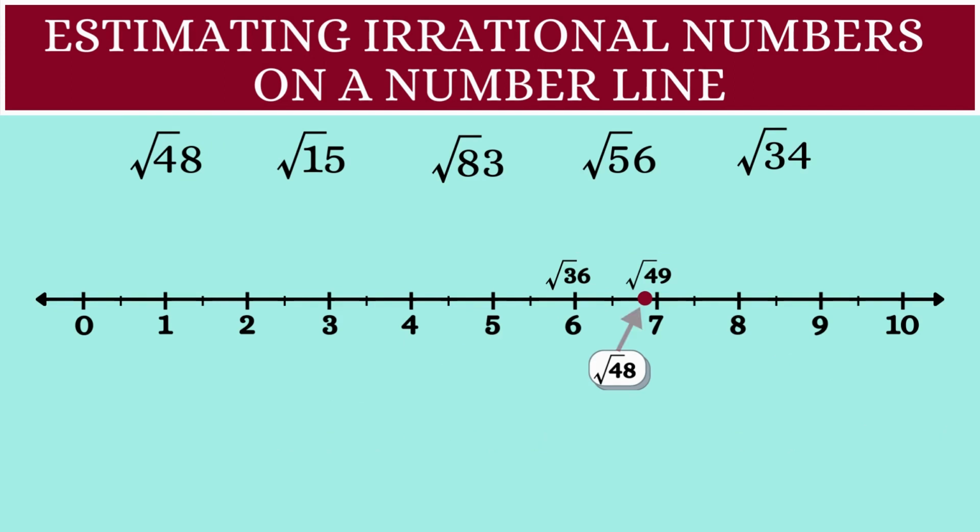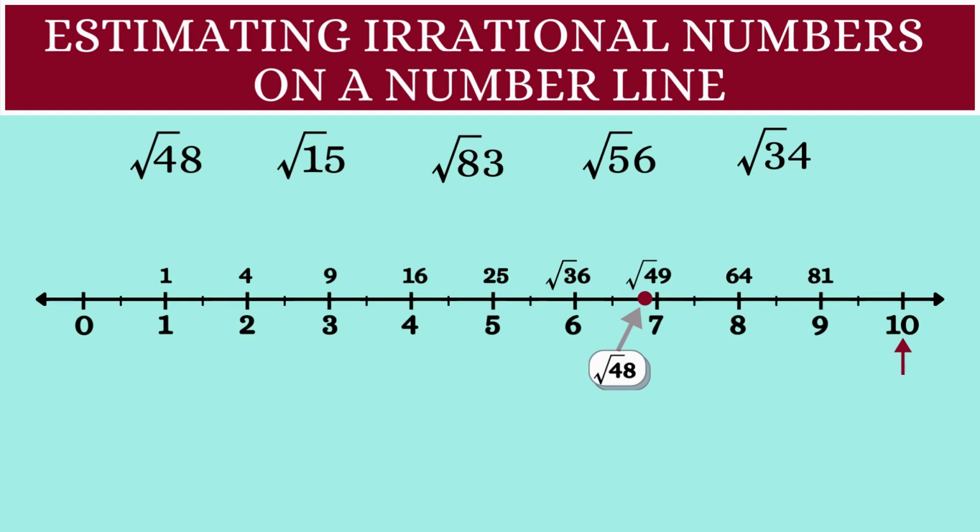Before proceeding, let's mark all the numbers on the number line using square roots. 1 times 1 is 1. 2 times 2 is 4. 3 into 3 is 9. 4 into 4 is 16. 5 into 5 is 25. 6 and 7 are already marked. 8 times 8 is 64. 9 times 9 is 81.